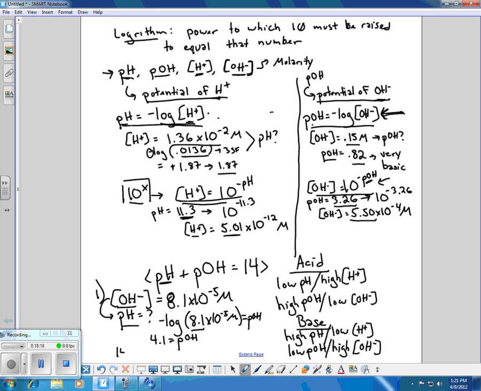So I'm going to go ahead and do that now. 14 minus 4.1 equals 9.9. That's my pH value. So that was an example of a problem where we had to use 2 different equations to get to our answer because there wasn't a straight shot.